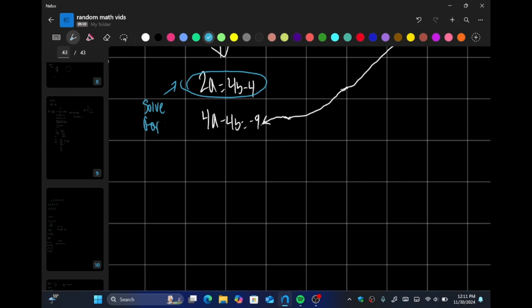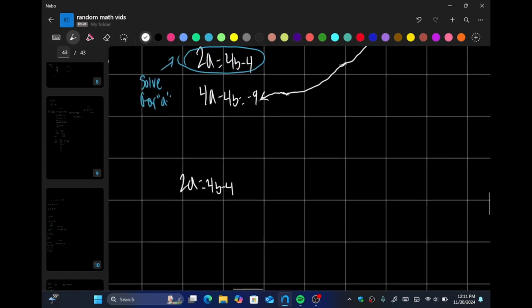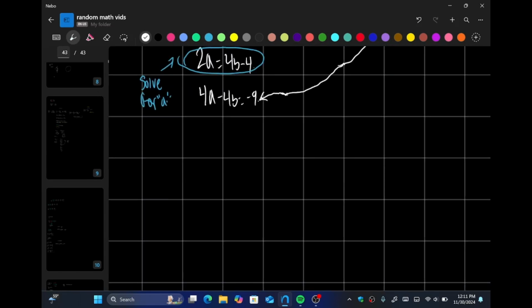So solve for a. Okay, so 2a equals 4b minus 4. We're going to go ahead and divide both sides by 2.